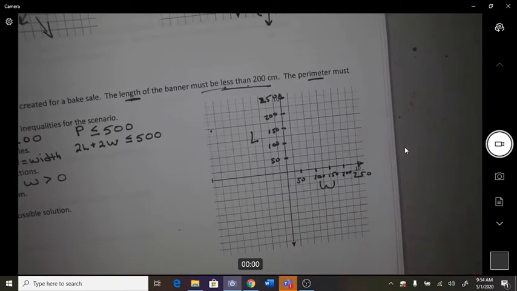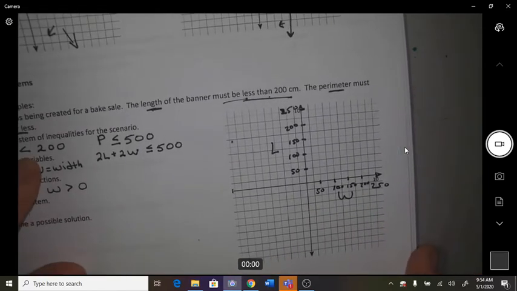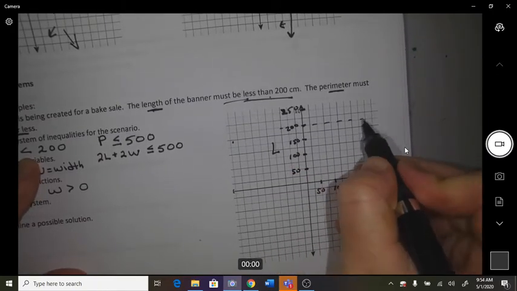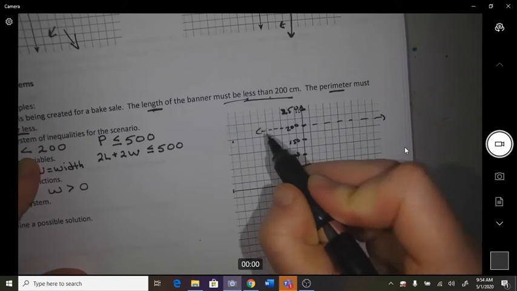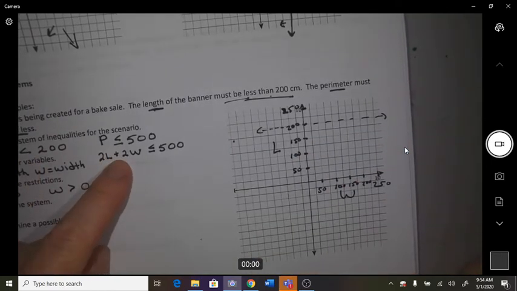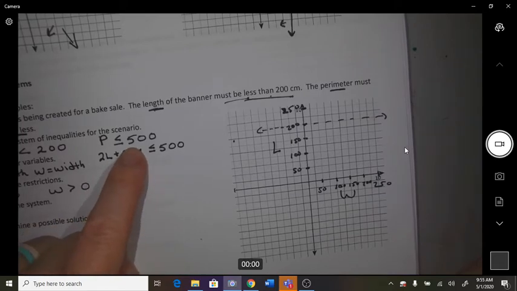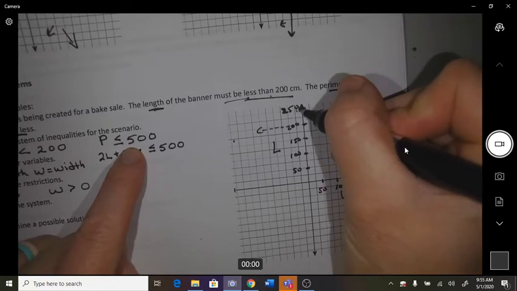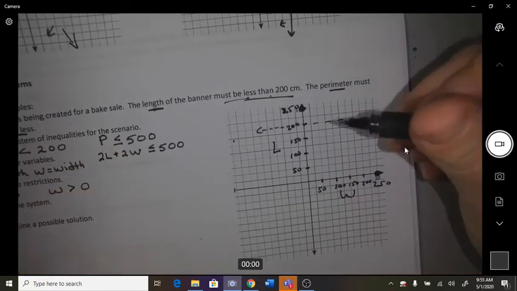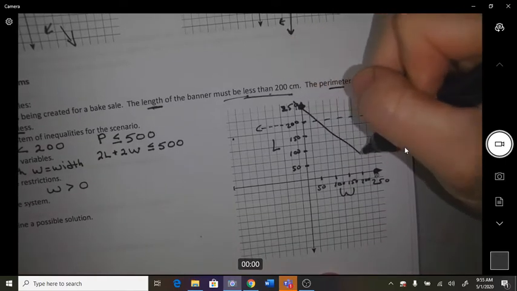Okay, now length has to be less than 200, so that's the line 200, and you have to be below that line. And when I graph this line, I'm going to use the intercept method, so I'm going to cover this. So the length intercept is 250, cover this, the W intercept is 250, and that is a solid line.